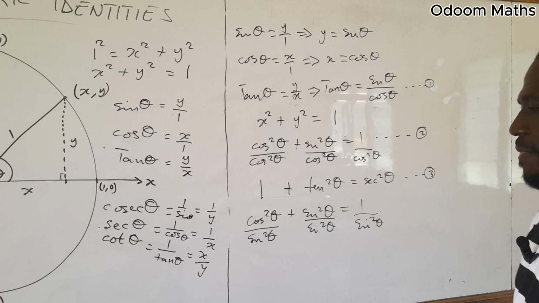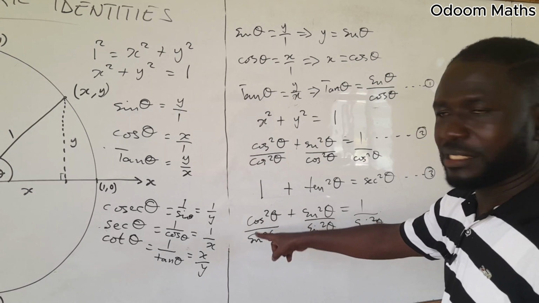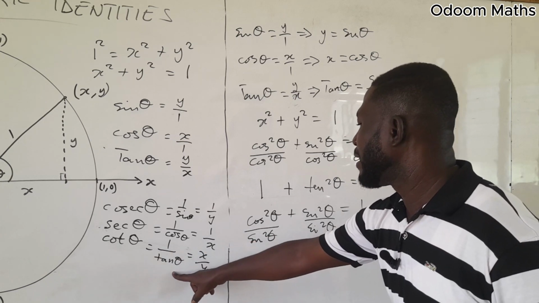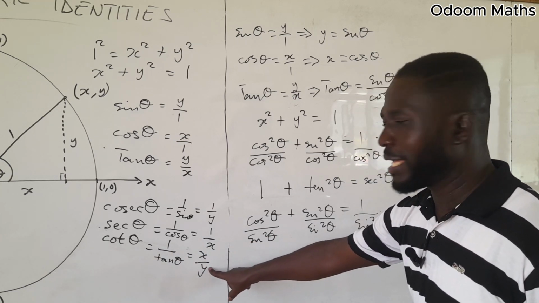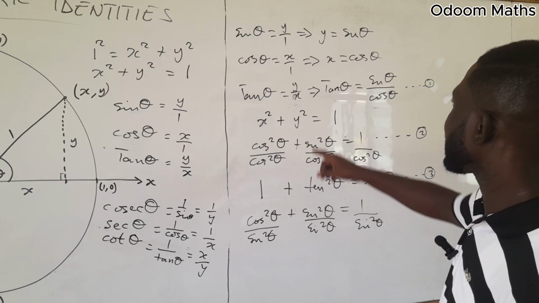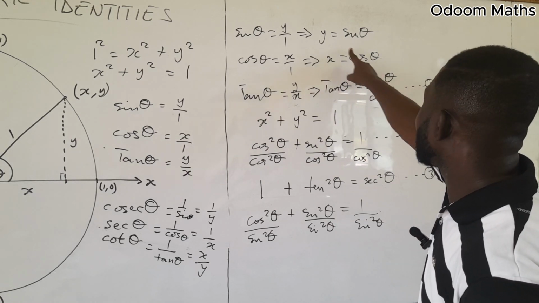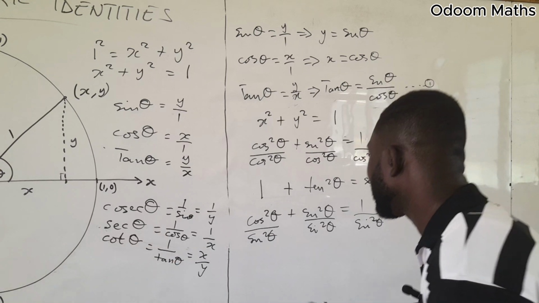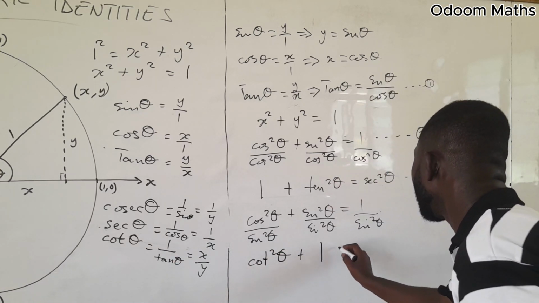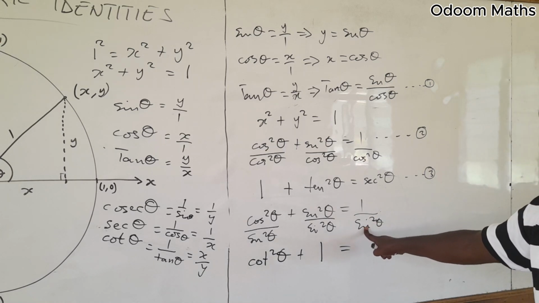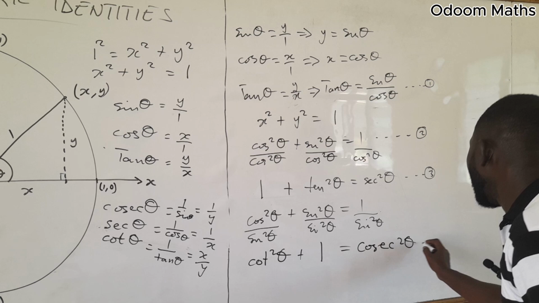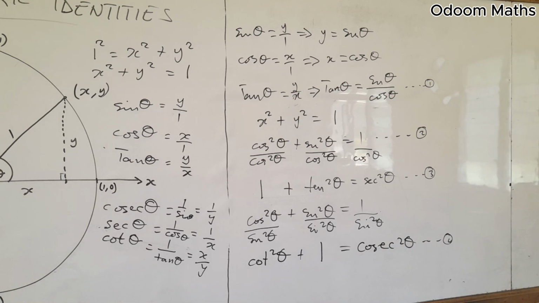Okay, so we can say this is cot, because cot theta is 1 over tan, and that becomes x over y, and our x is cos theta and y is sin theta. So we can say this is cot squared theta plus 1, and that is going to give us 1 over sine is cosec. So cosec squared theta. This is another identity.